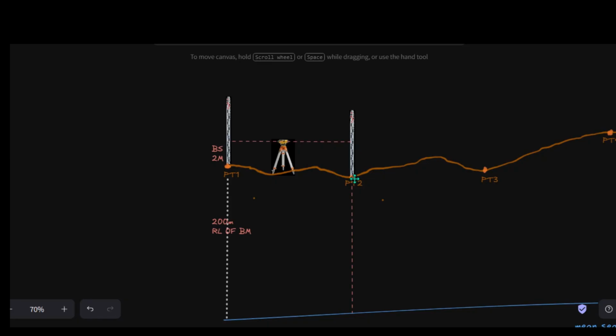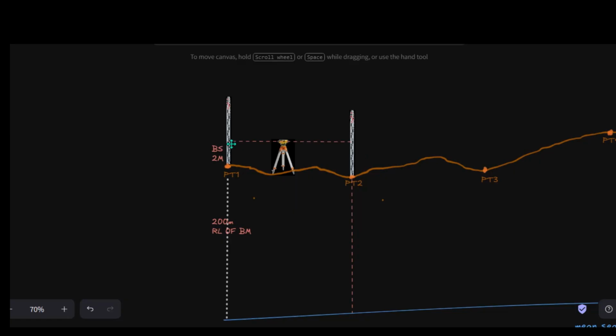So the height of this ruler from point 2 to this place, let's call it 3 meters. This distance is known as the intermediate sight.